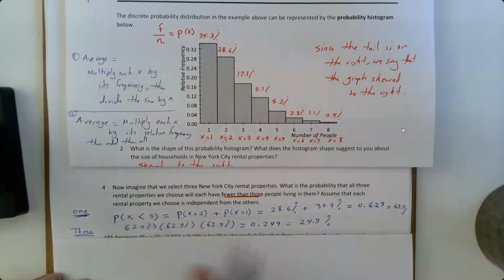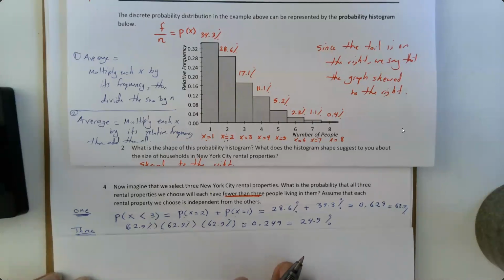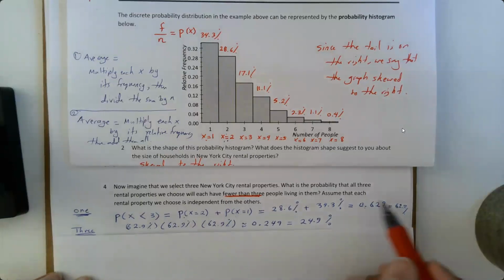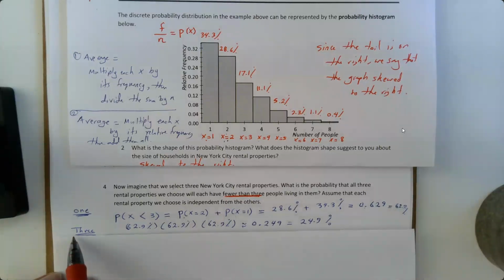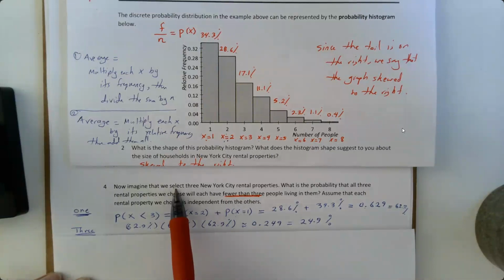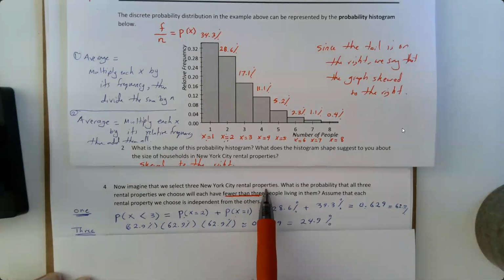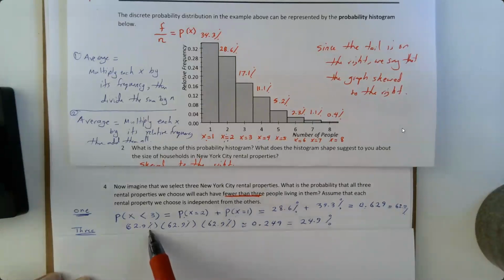So that's the difference between these two. If the question says we're just selecting one property, what is the probability that you have less than 3 residents? It's going to be 62.9%. If the question says, what is the probability that all of these 3 selected properties have each fewer than 3 residents, you're going to multiply these probabilities together.